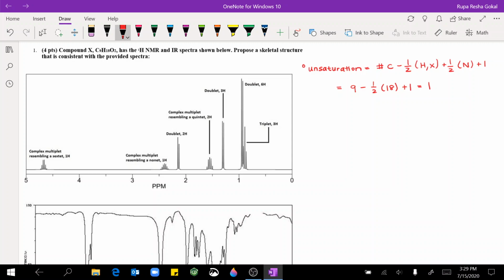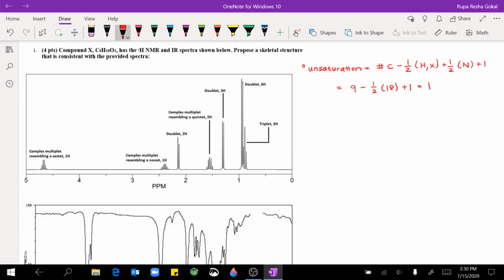This is important to do at the very beginning when you have a molecular formula because I think it helps you contextualize what you might be looking for in the IR. If you have a degree of unsaturation, you're looking for a carbon-carbon double bond or a carbon-oxygen double bond. Those are the things we would expect to see, and we know how to identify them in an IR.